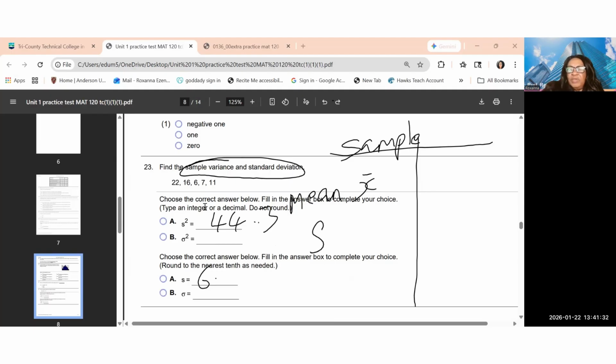The standard deviation is S, and you can use S sub X. Variance is S sub X squared. But if it is a population, the mean is mu, the Greek mu.